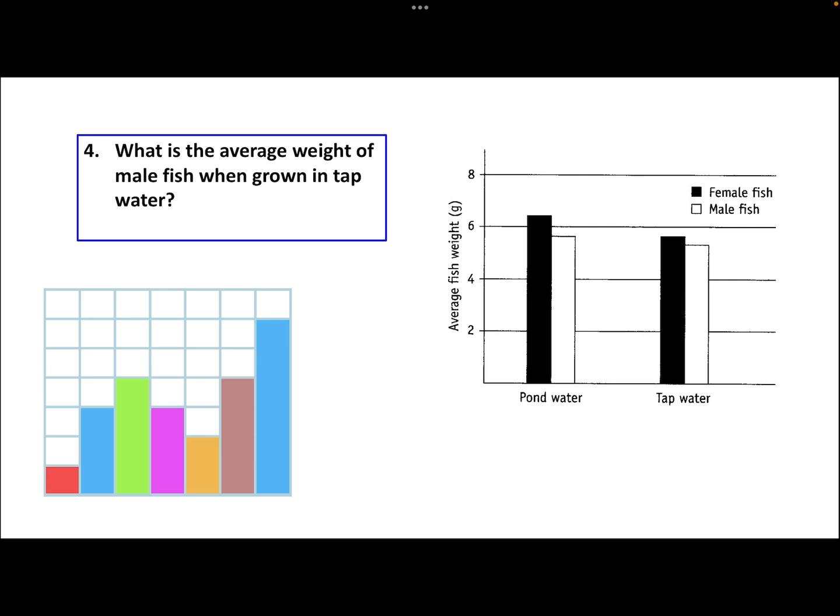Using the bar graph, see if you can continue to answer the questions. What is the average weight of the male fish when grown in tap water? Why do you suppose the fish grow best in pond water? Record your answers in your notes.